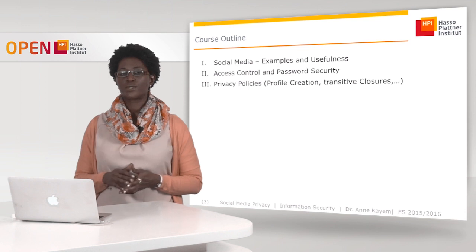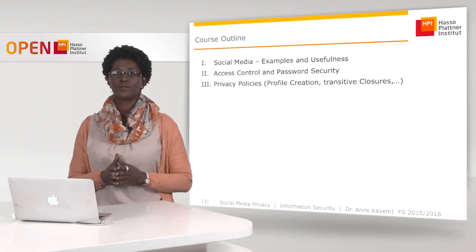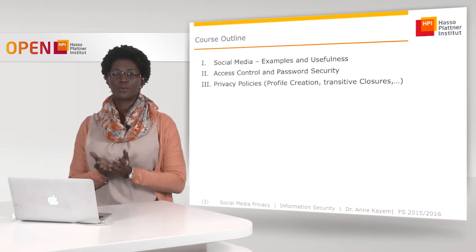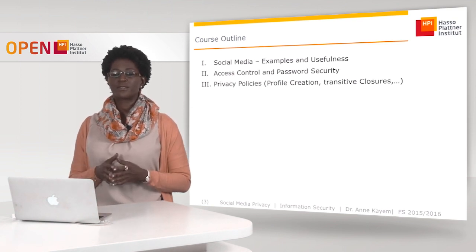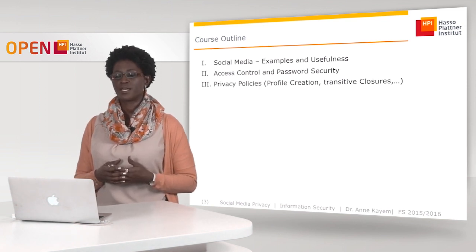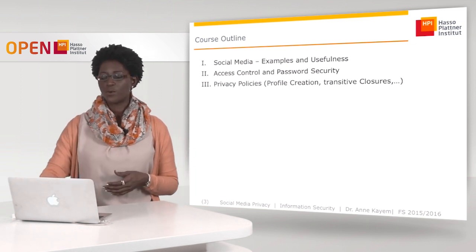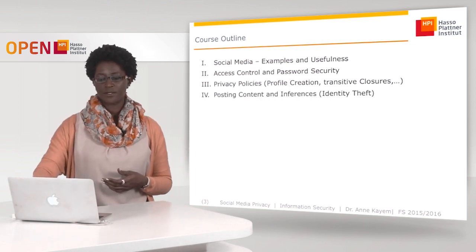And then we go on to looking at privacy policies. Privacy policies govern information that you publish on the web, what this information says about you, your profile, what it says about you in general, and why it is that you want to protect this information from people who are not authorized to see it.